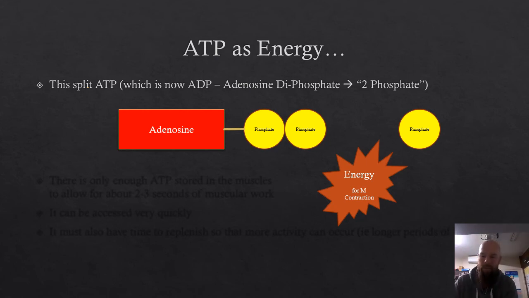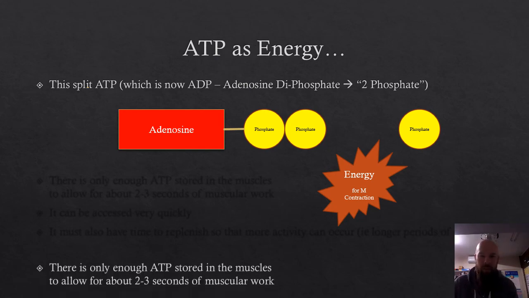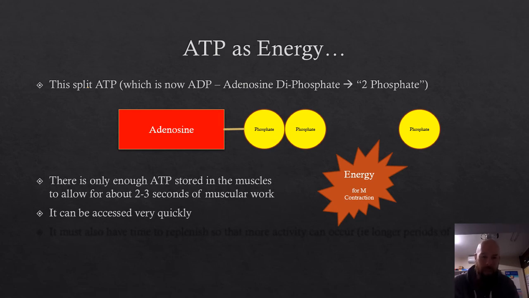The trouble with it, though, is that there's only enough energy for 2 to 3 seconds. But it's accessible really, really quickly. It is the fastest energy system in terms of supplying us with energy.